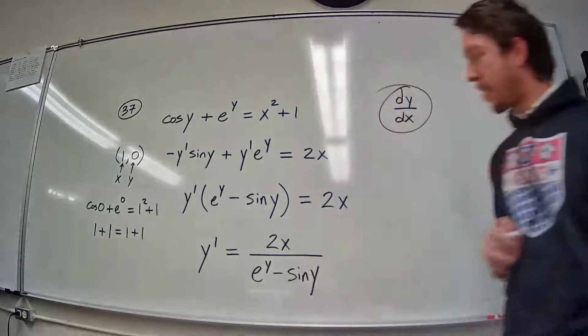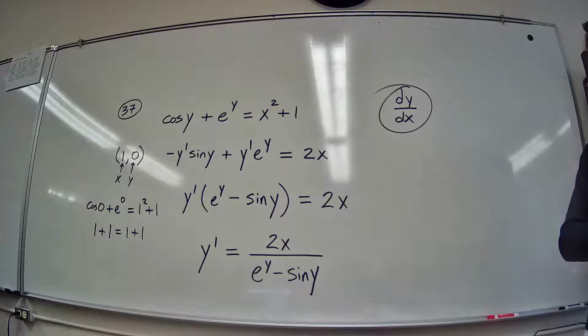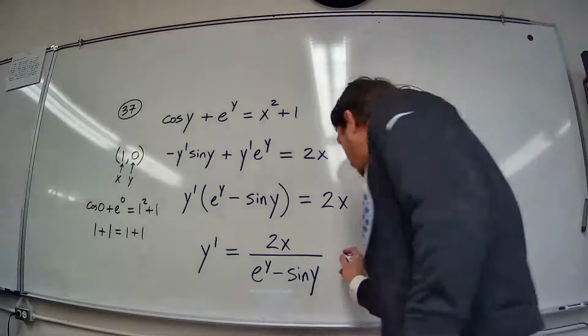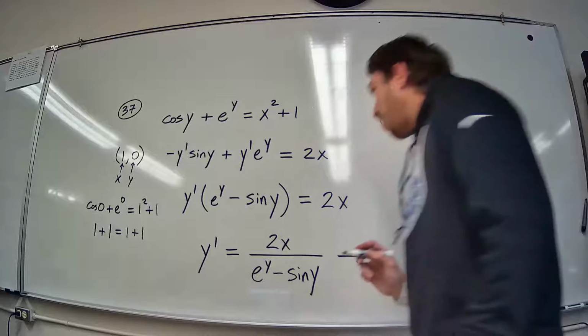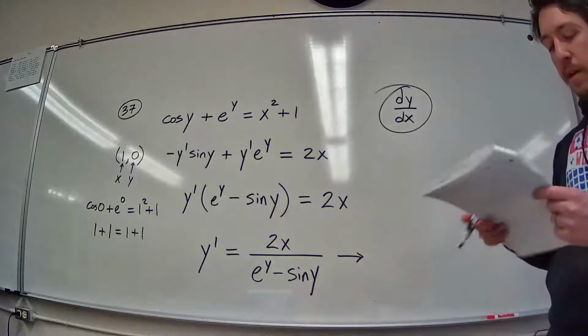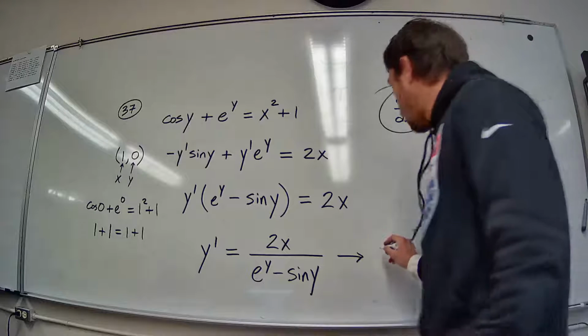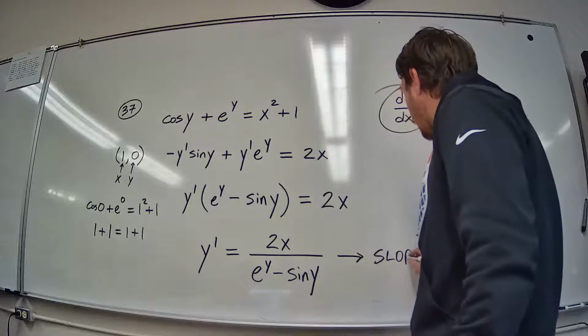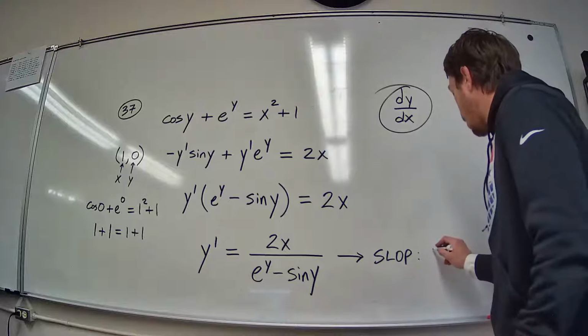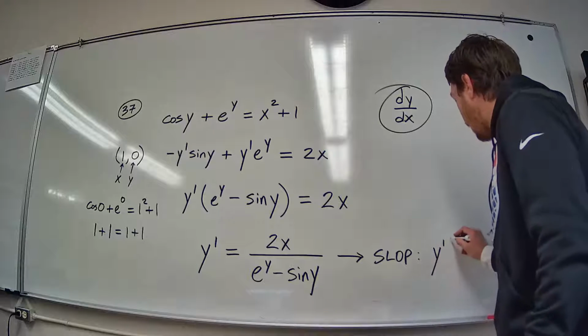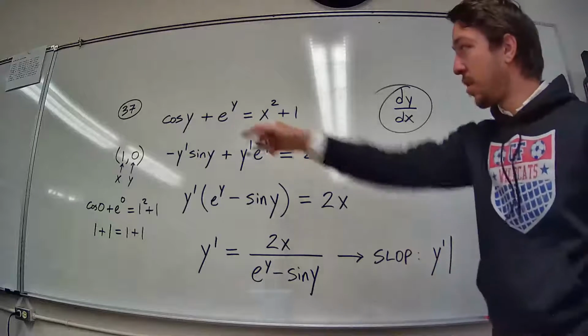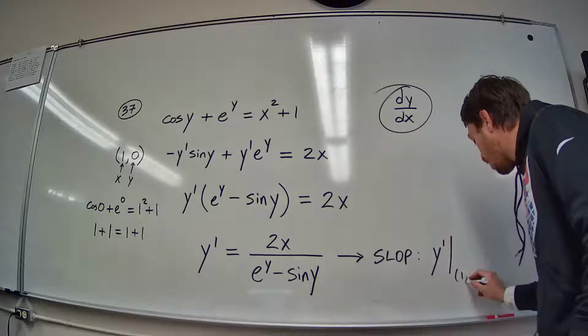So if we solve this, is everyone cool beans with that? Okay, so now, what am I ultimately trying to do? I want to know, firstly, what's the slope of the tangent line? So the slope is the derivative evaluated at the point (0, 1).